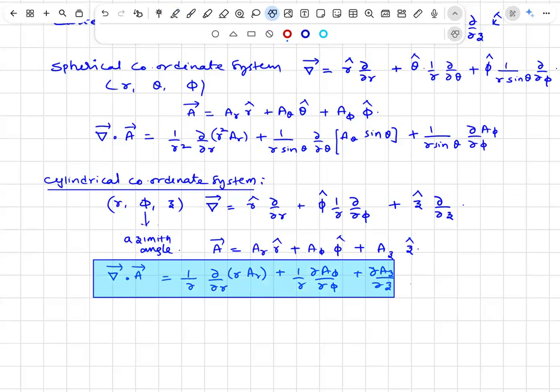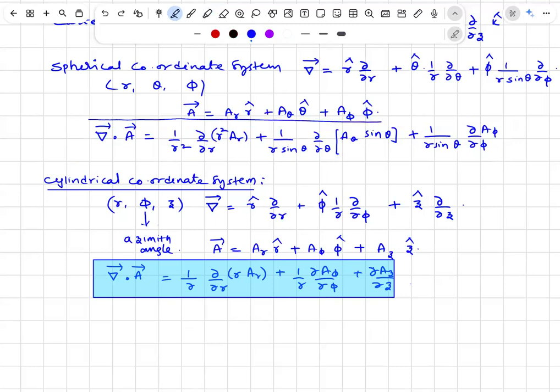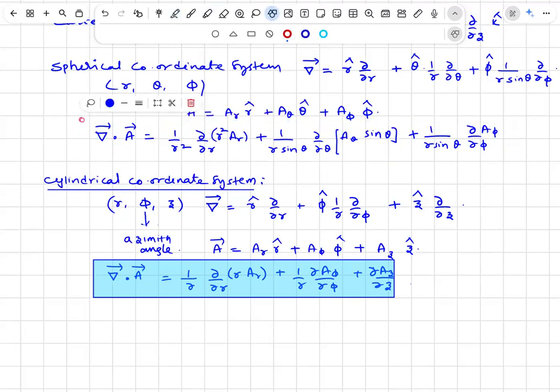Majorly, they are not difficult. The problem is I couldn't draw the box.